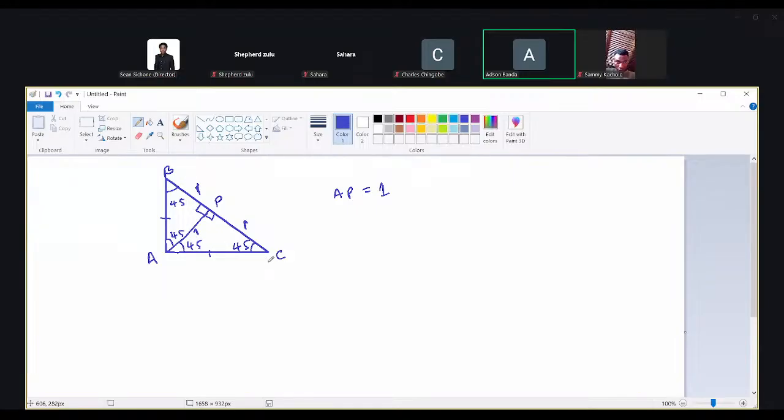So you see now we have two isosceles triangles in this isosceles triangle that we have.